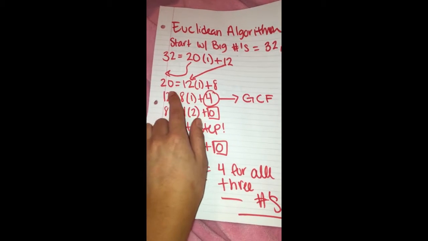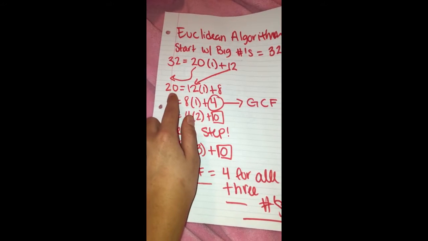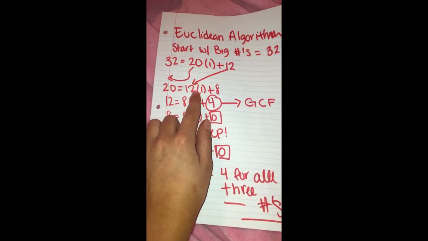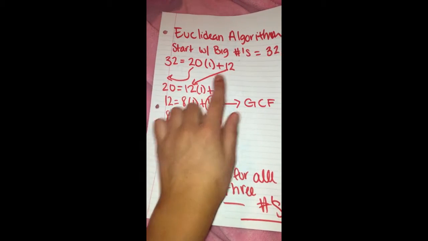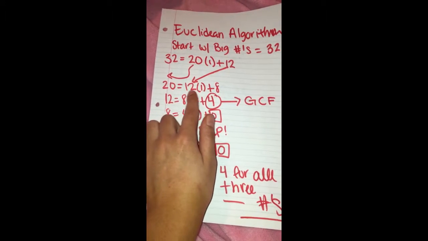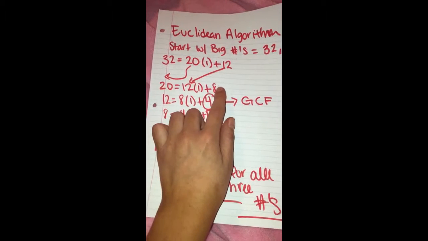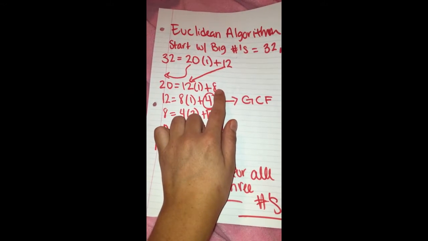You then take your 20 and put it on the other side of the equal sign. You get 20 equals 12, 12 being the remainder from above, and 12 goes into 20 once. So 12 times 1 is 12, plus 8, which comes out to be 20. The remainder of 8 because you need to get to 20.